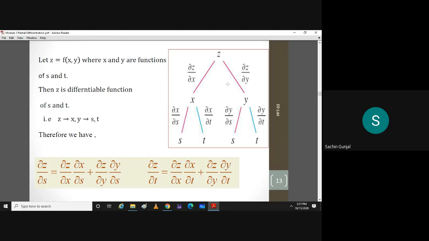Similarly, you can write this chain rule using this tree diagram. So you want to come from z to s. How many ways are there to come from z to s?